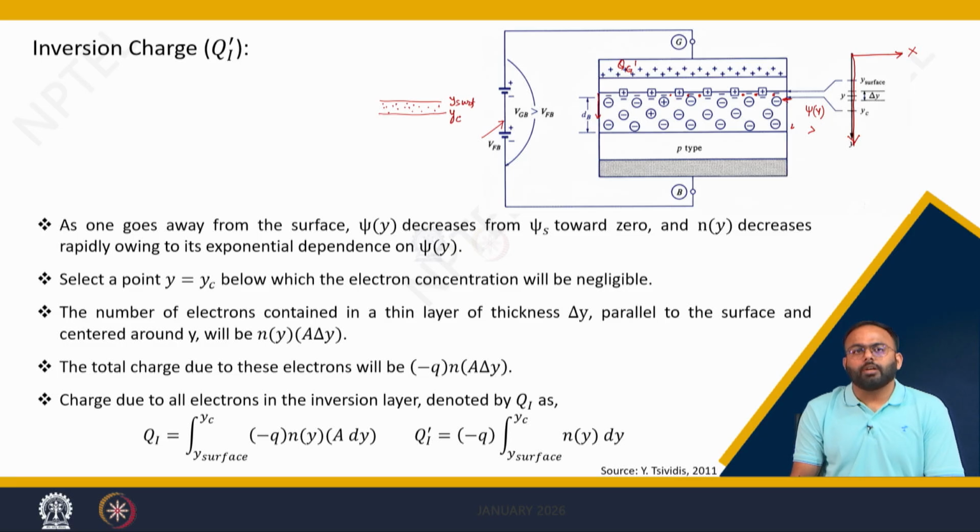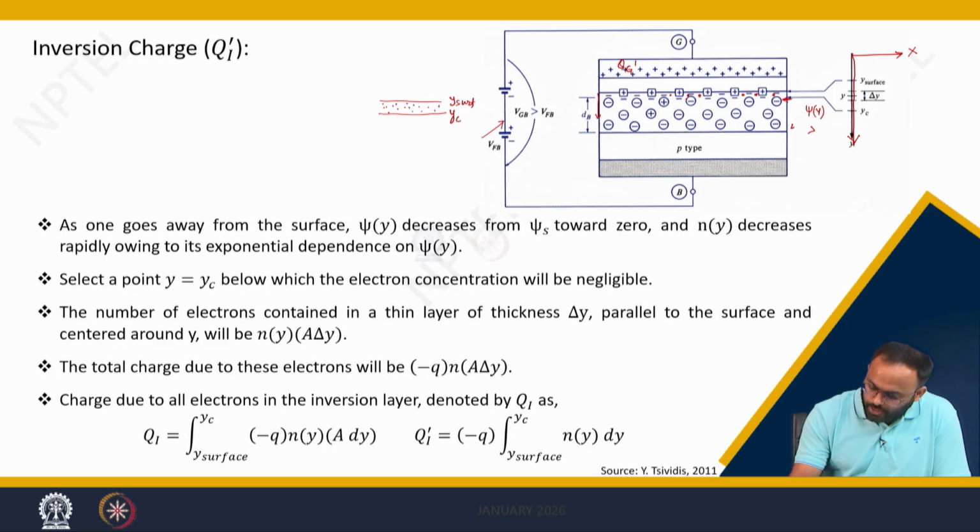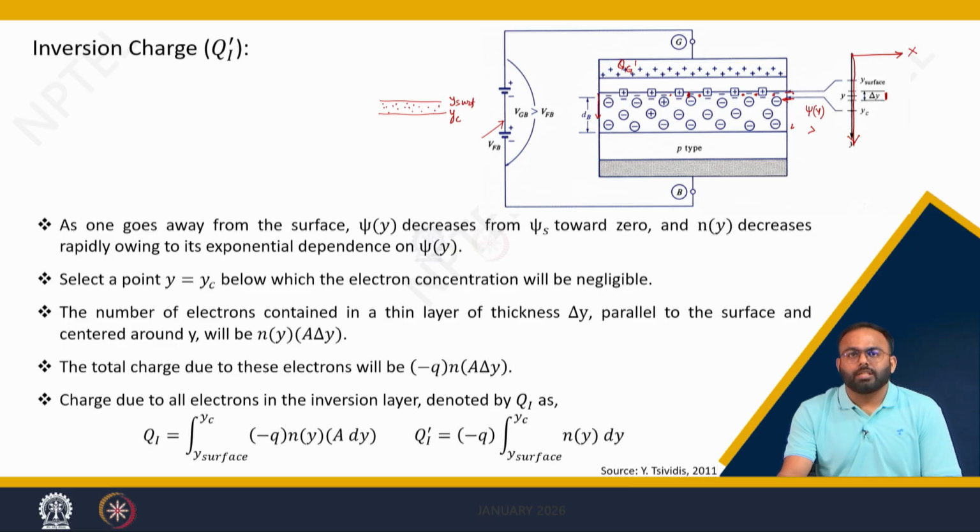Now if I am interested in calculating the total inversion charge, what I can do is consider a small strip of delta y. So this is a delta y, right? And the total charge, if I integrate, I will get the inversion charge.